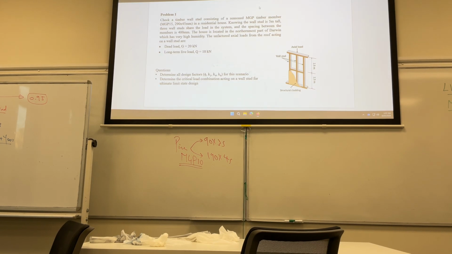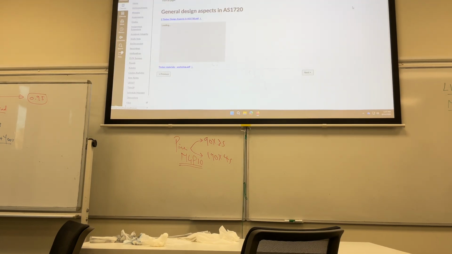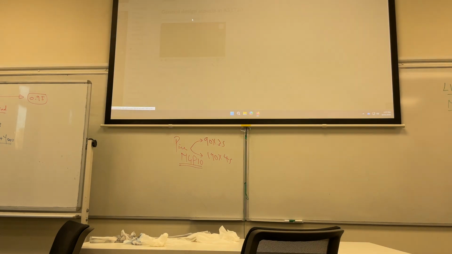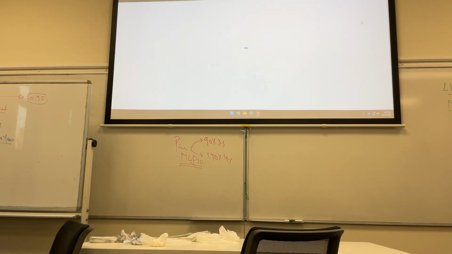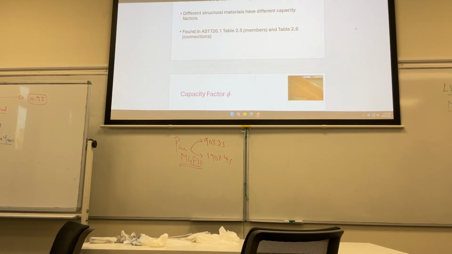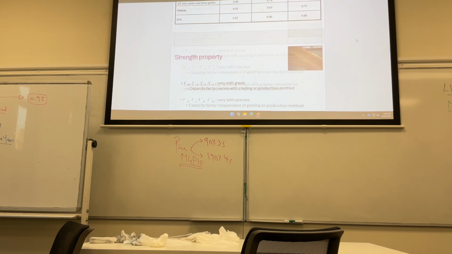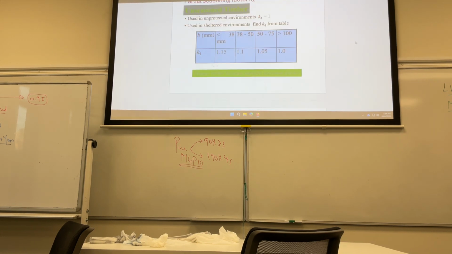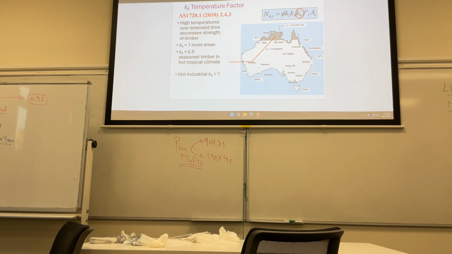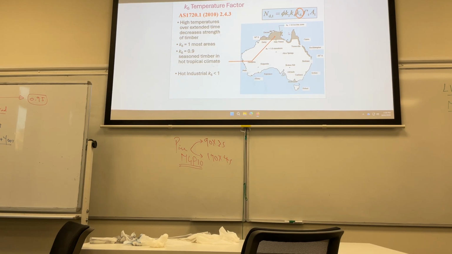According to the map here, any area in this hatched or gray area should be taken as 1 for seasoned timber, 0.9 for Darwin or north of Darwin in this area. So K6 is 0.9.